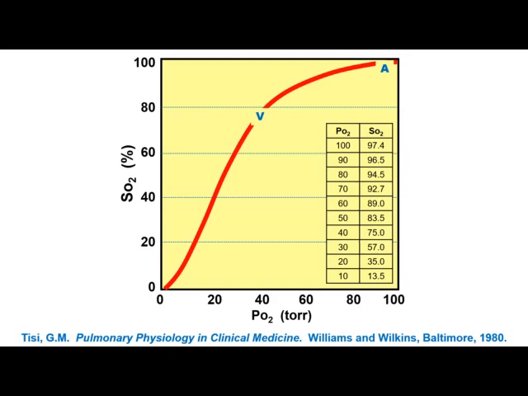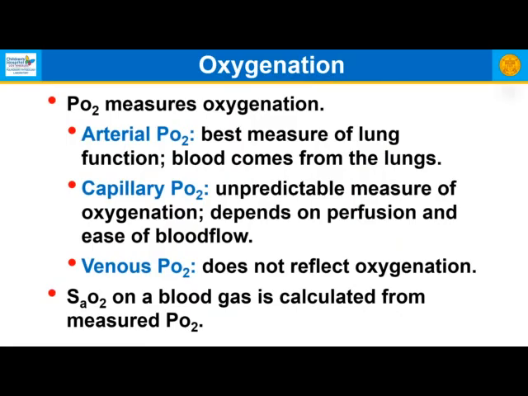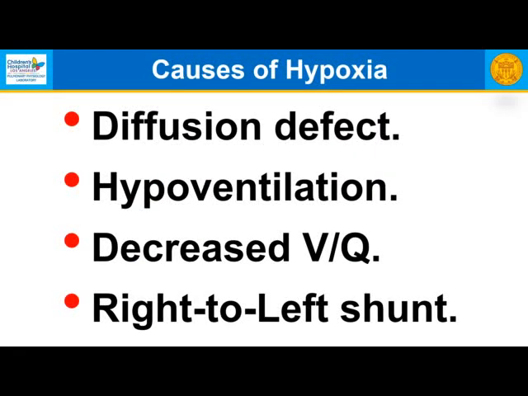Nobody remembers this graph, but you might want to have some place where you can look at it. So PO2 again measures oxygenation. The textbook causes of hypoxia, remember, are diffusion defect, although there is no diffusion defect in animals or man that causes hypoxia at rest, hypoventilation, decreased VQ, and right to left shunts.